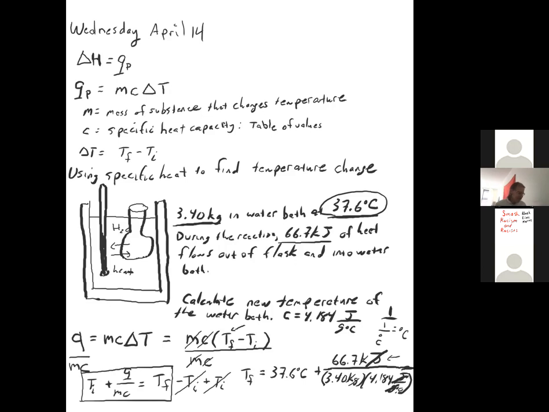So let's go ahead and run through the calculation there. We got 66.7 divided by 3.40 divided by 4.184. So 4.6887 is what I get for that.